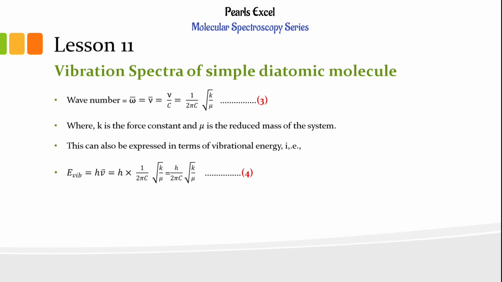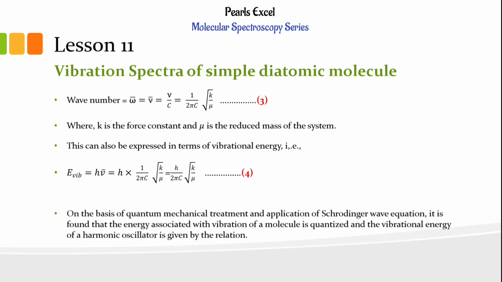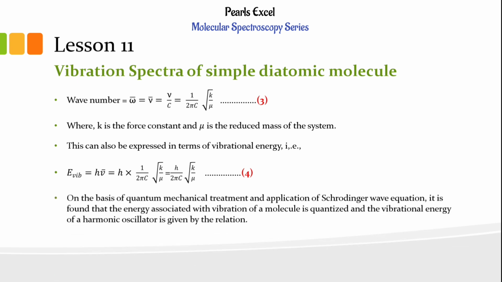Now, on the basis of quantum mechanical treatment and application of the Schrödinger wave equation, it is found that the energy associated with vibration of a molecule is quantized, and the vibrational energy of a harmonic oscillator is given by the relation E vibrational is equal to (nu plus 1 by 2) h nu.